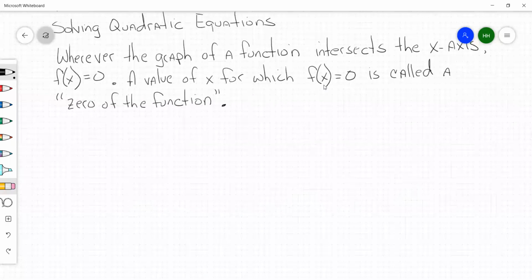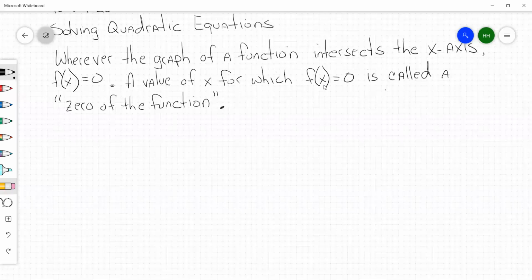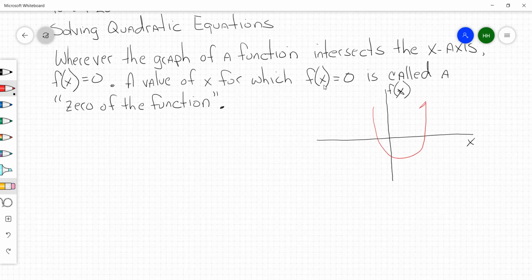So what we're talking about here is parabolas. These quadratics are parabolas. So if you had your x and your f of x axis, and then you were to graph a parabola, and let's say it looks something like this. In this case, this parabola hits the x-axis right here and right here at two different points.